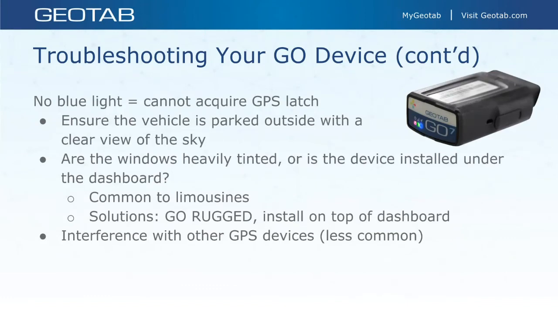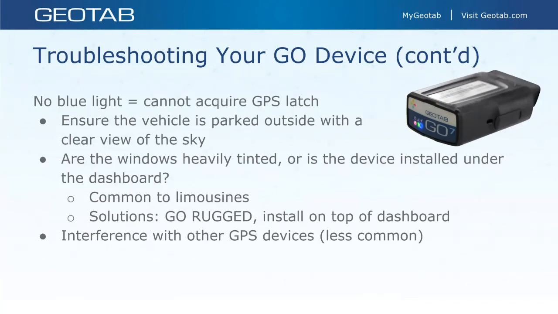The blue light means that there is no GPS signal, and you want to make sure that you are parked outside with a clear view of the sky. Other things to check for: are the windows heavily tinted, or is the device maybe installed up underneath the dashboard? These are issues that we see come up most commonly with limousines, with the filament of the tint that they are using.